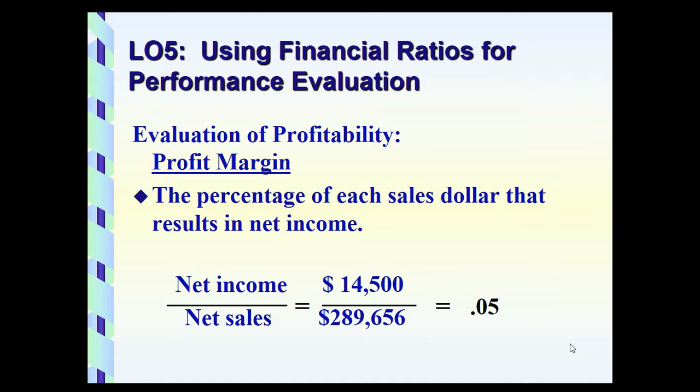So how much of every sale ends up resulting in profit for the company. And we would take this ratio and calculate it, and then we would multiply this by 100 to turn this into a percentage. It's best reflected as a percentage.